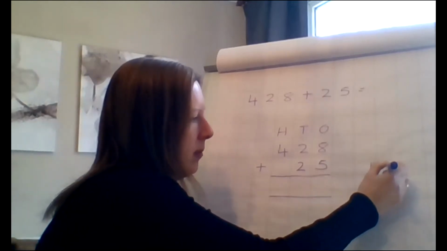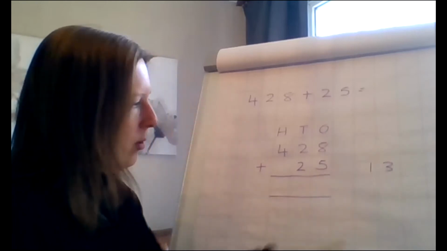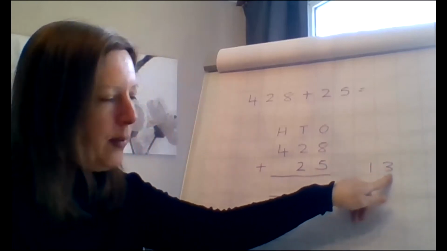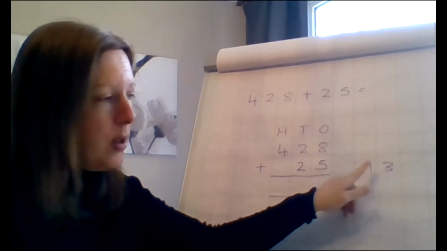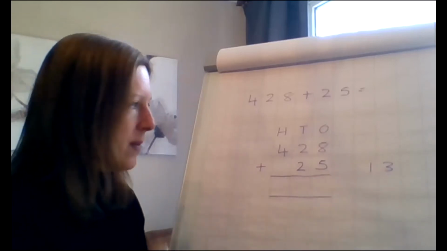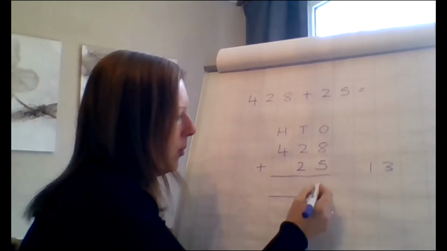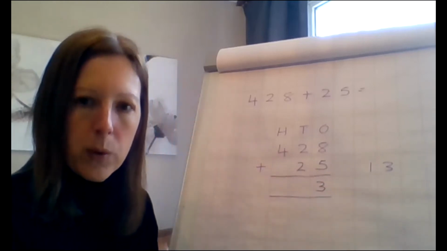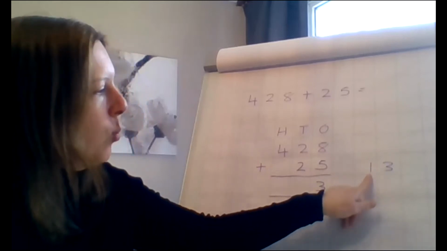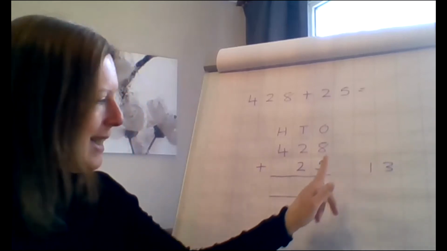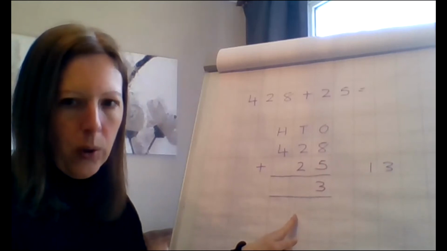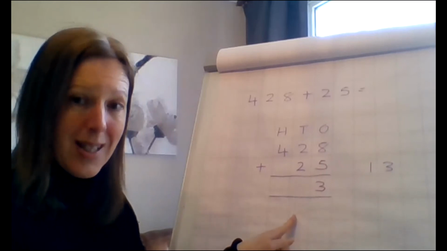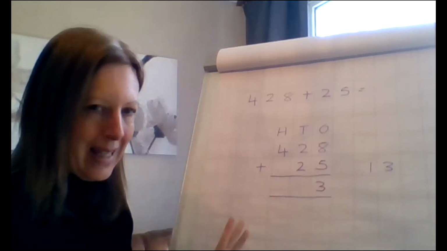So 13 is made up of 1 ten and 3 ones. So my 3 ones is of course going to go into my ones column because that's where it belongs. My 1 ten I need to take over to my tens column, but I need to put it somewhere where I can see it and where I know it is and I don't forget about it.